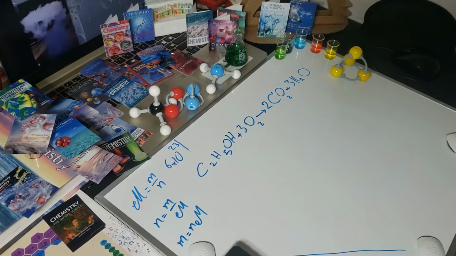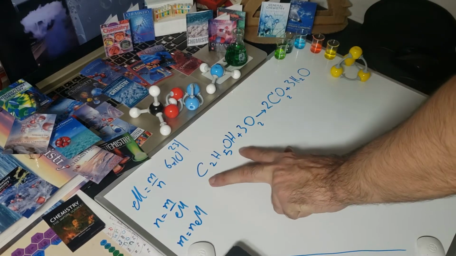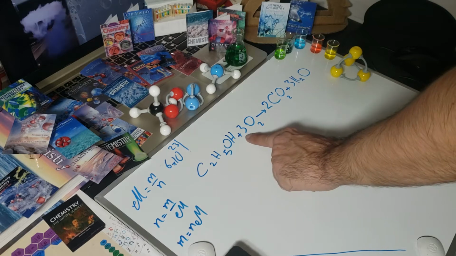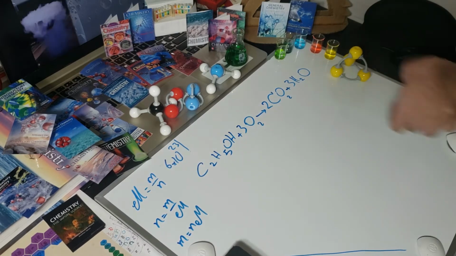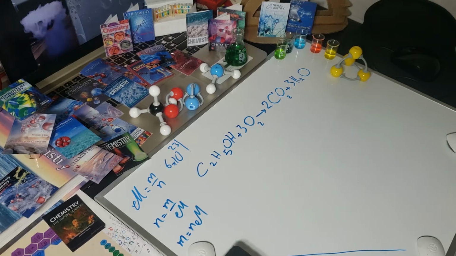Okay, so there you could see the coefficients, and each of those compounds that has been separated from the other with a plus, you could have a molar mass for those.